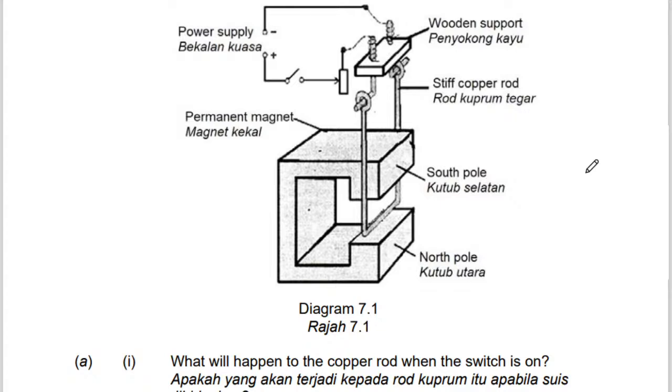Swing to the right. Ada jawapan lain? Move to the right. Swing to the right. Ada lagi jawapan lain? What law do you use? What rule do you use? Push to the right, move to the right, deflect, swing to the right.